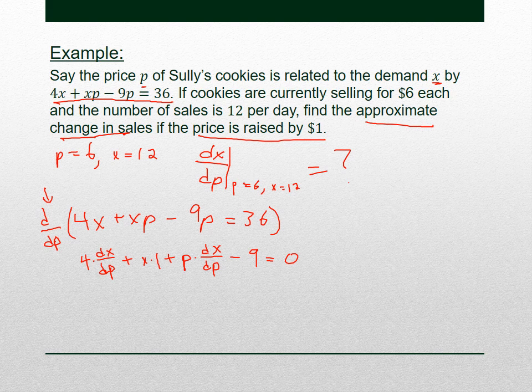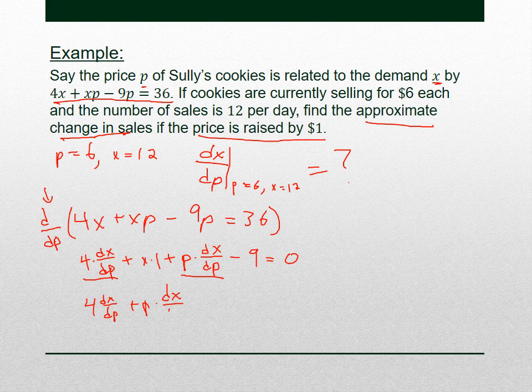All right, then we subtract the derivative of 9p with respect to p, which is just 9, and that's going to be equal to 0. Just like before, we ended up with something that has the x's and p's, whereas before it was x's and y's, and dx/dp's, whereas before y primes were popping up. Since we're trying to find dx/dp, we're going to keep the stuff that has a dx/dp on this side.